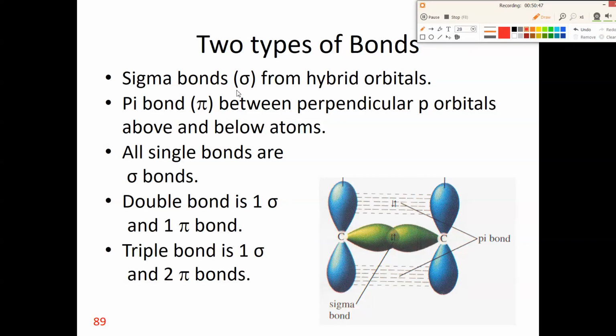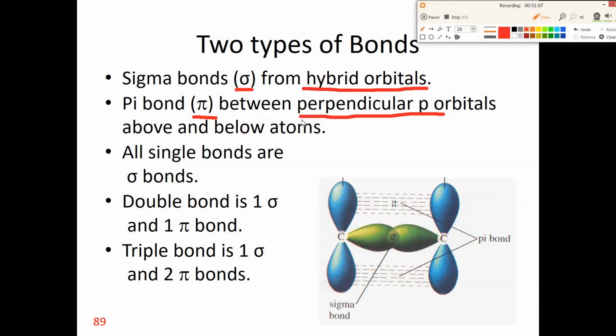So we have a pi bond, a sigma bond, pi bond, sigma bond. The sigma bonds come from the hybrid orbitals, and the pi bond comes from the p orbital perpendicular, above and below the atoms.